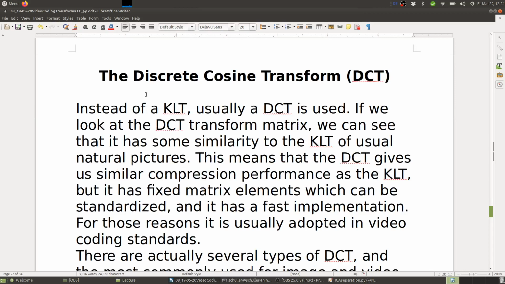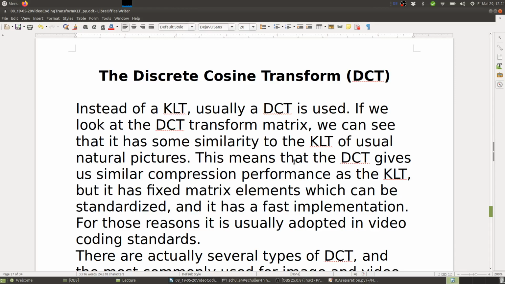And we saw we have the similarity to the discrete cosine transform, so that's why instead of a KLT, usually a DCT is used. If we look at the DCT transform matrix, we can see that it has some similarity to the KLT of usual natural images.